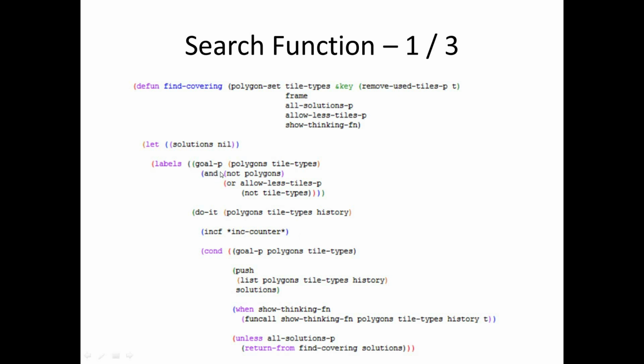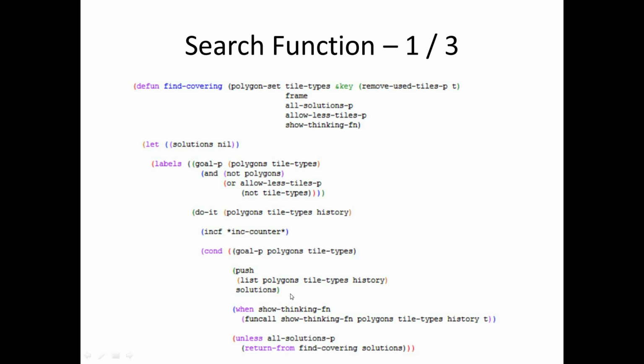and in the goalp predicate this is of course the case if there are no polygons left to be covered, so polygons is empty, and either we must have used all our tile types because each tile type must be used exactly once in a standard problem, or we are allowed to use fewer tile types. In this case, we are fine with that solution as well.